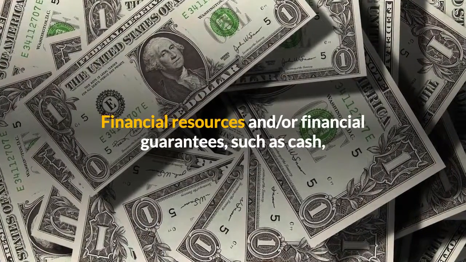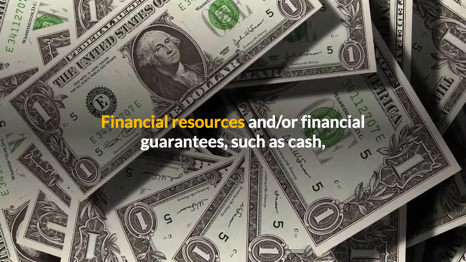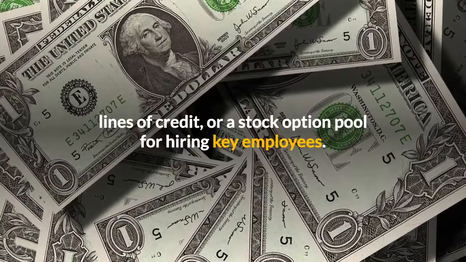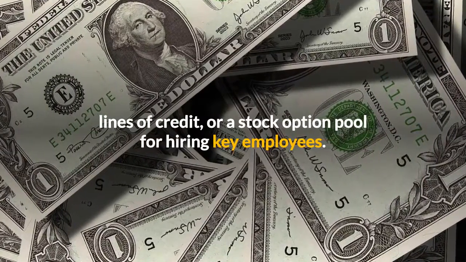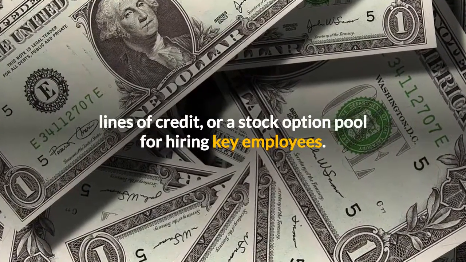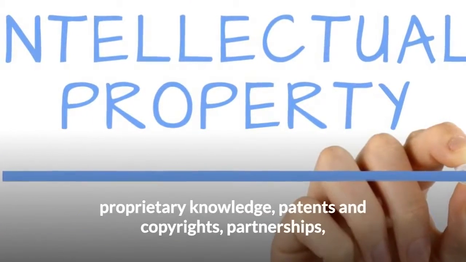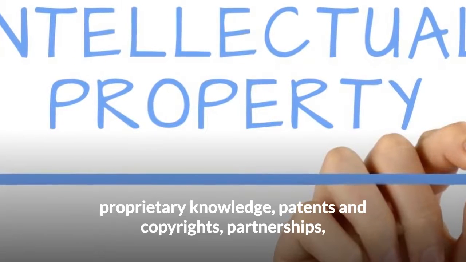Key resources can also be financial resources and/or financial guarantees, such as cash, lines of credit, or a stock option pool for hiring key employees. Key resources can also include intellectual property, such as brands, proprietary knowledge, patents and copyrights.